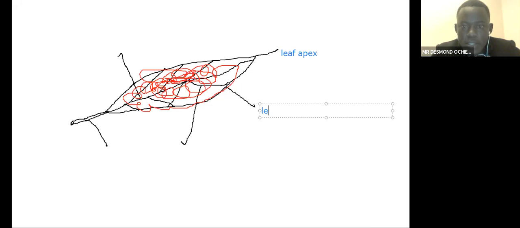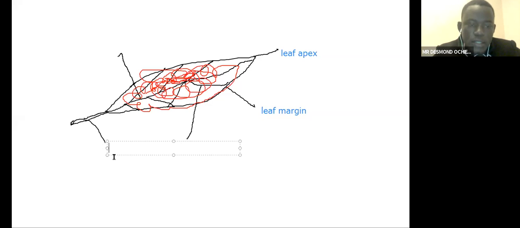This is called the leaf margin. Then we have this part. This part is called the leaf stalk, or the petiole.